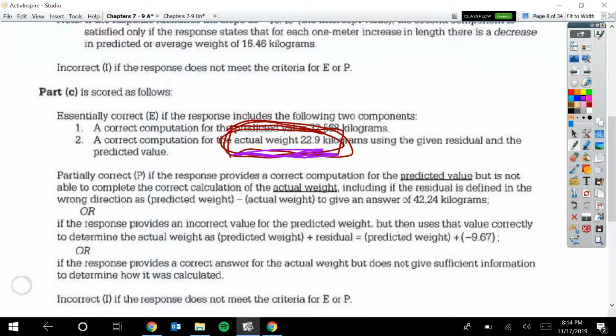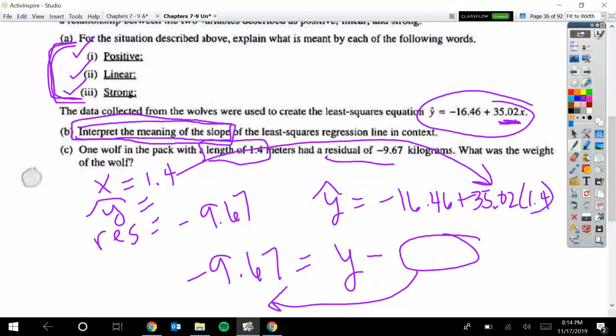Okay. To get the full credit, you had to have the correct computation of the predicted. So there's what that predicted was, 32.568. So that came over here, 32.568.